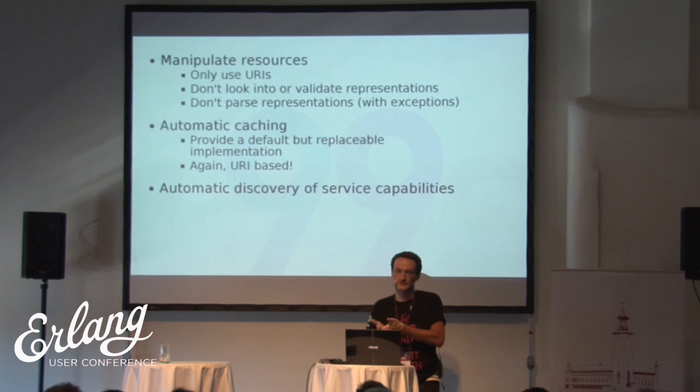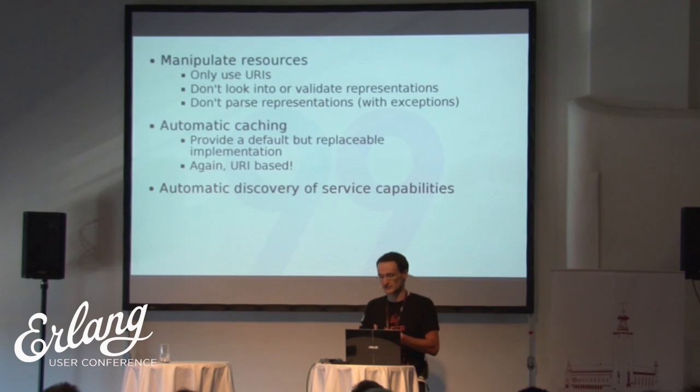Because if the data hasn't changed on the server, there's no need to actually request it again. I can simply work with my cache, and that's it. So this should be automated, and this is something that you shouldn't have to worry about. And of course, the caching is URI-based. So when we have a URI, we simply look for this URI in the cache.